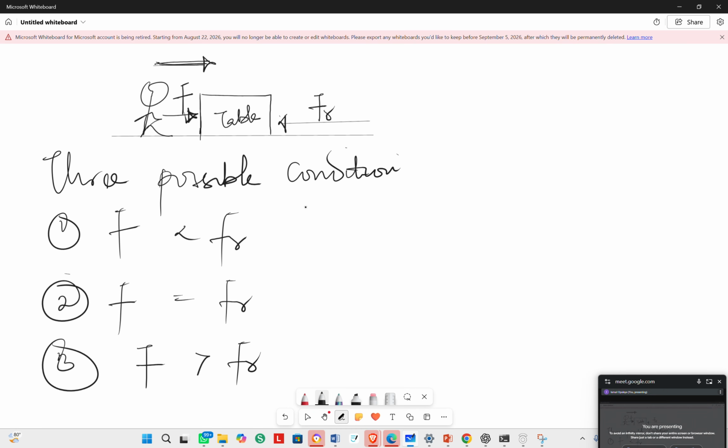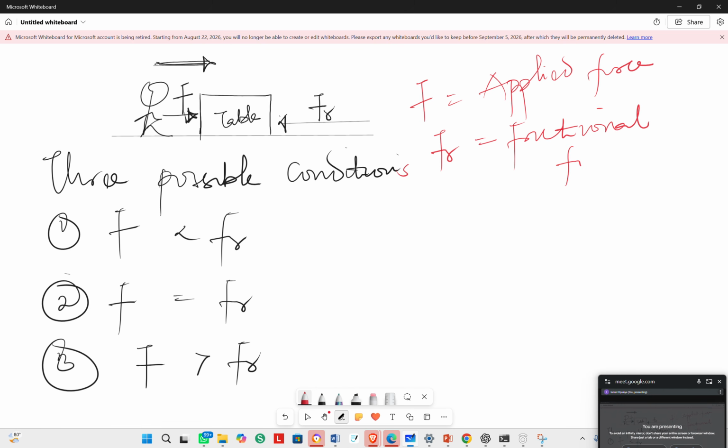So here, let me write what each of those mean. This F is what you call the applied force, and this FR is what you call the frictional force.